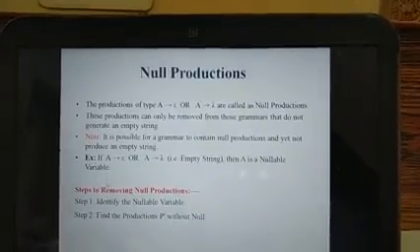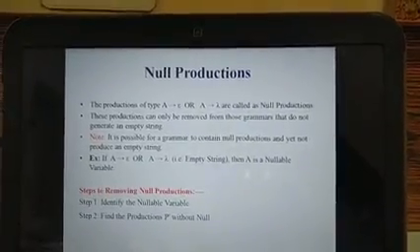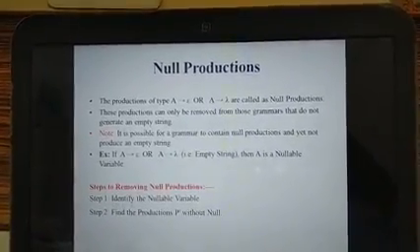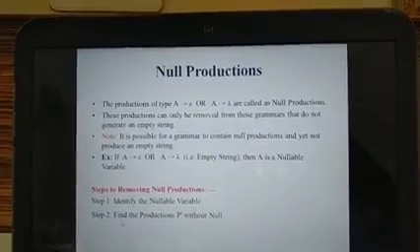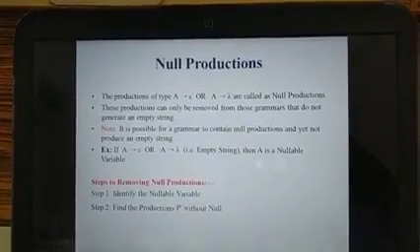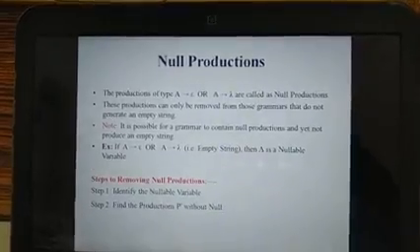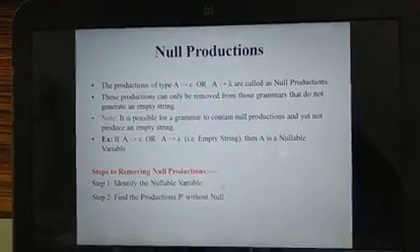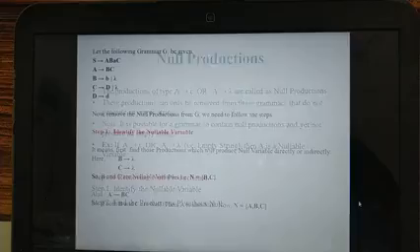There are certain steps for removing the null production. The first step is to identify the nullable variables, and then find the production P dash without null. We will take an example for understanding this concept.